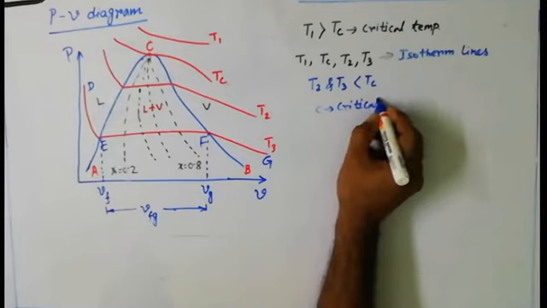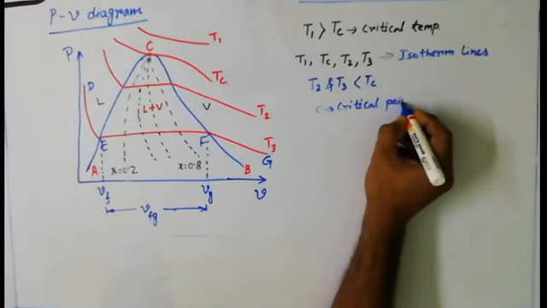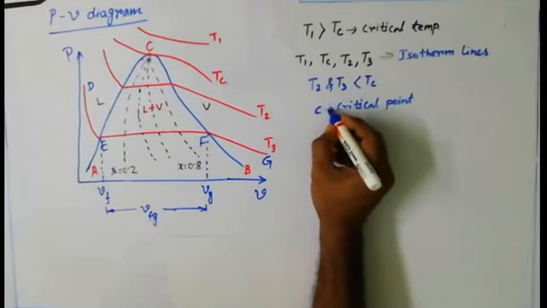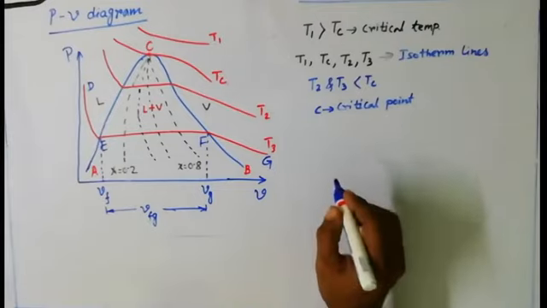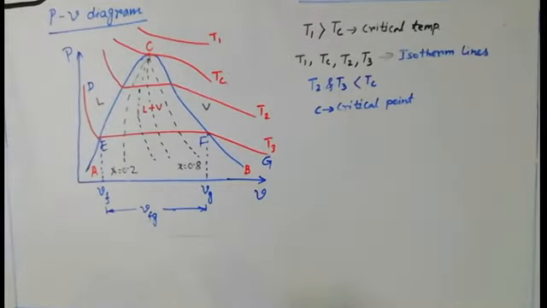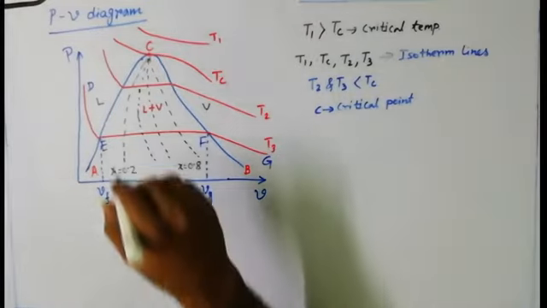C is the critical point. Critical point means the point where the liquid phase and vapor phase coexist in equilibrium, and all the thermodynamic properties, like specific volume or pressure or temperature, are identical for the liquid phase and the vapor phase at this critical point.